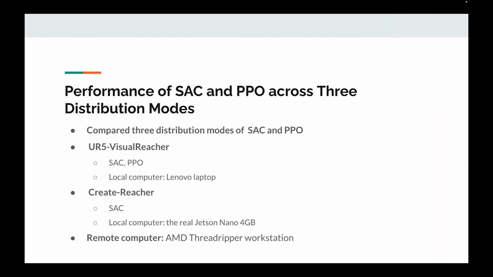We used the same laptop as the local computer for UR5 visual reacher. For Create reacher, we used the real Jetson Nano as a local computer. The remote computer for both tasks is the AMD Threadripper workstation.